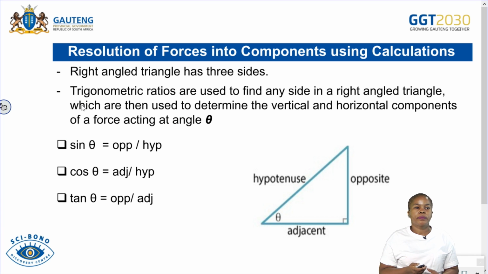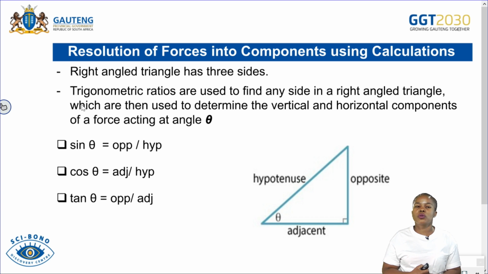So the second one is your resolution of forces into components using calculations. In this case, we're not using the scale drawing, but we are calculating the vertical as well as the horizontal component. How? Let's look at the basics that we need to figure out before we get into the calculations.